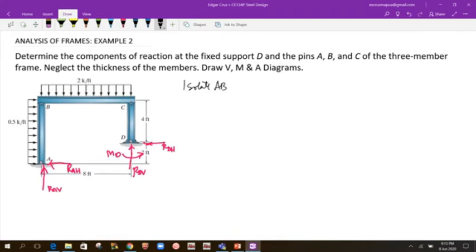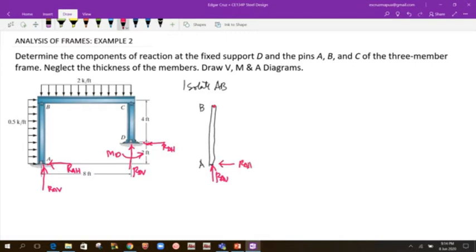So here's the vertical member AB. We have RA vertical, and to the right is RA horizontal.